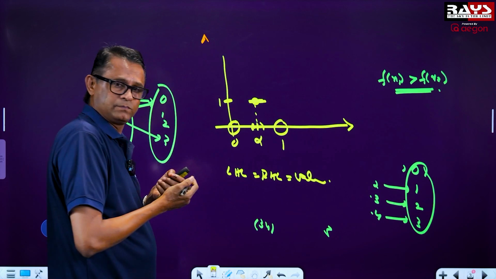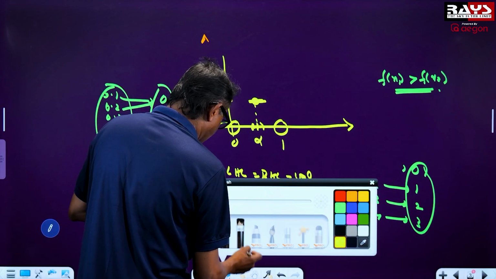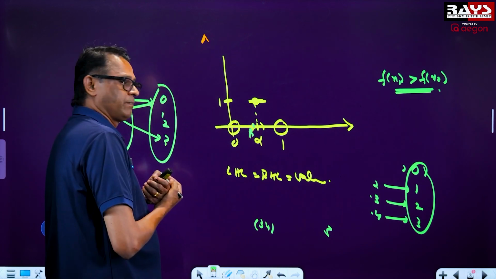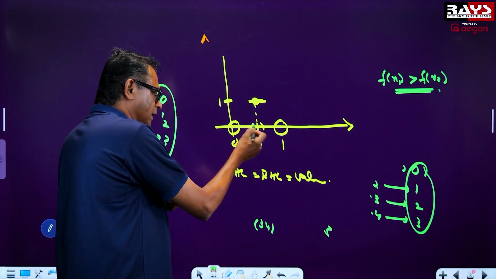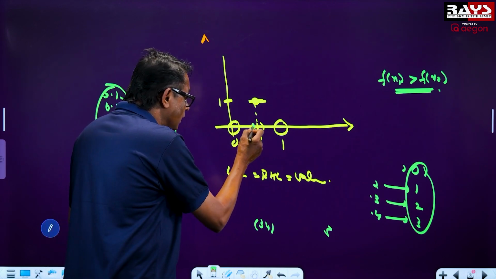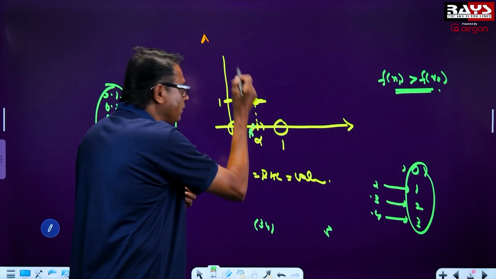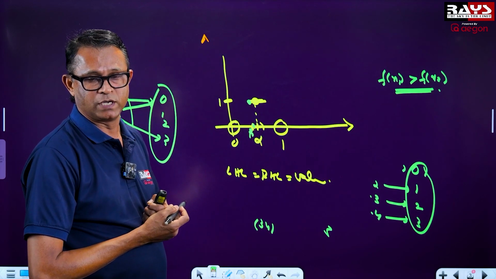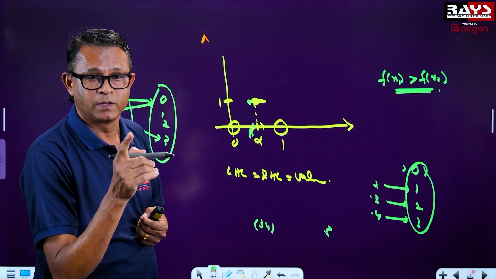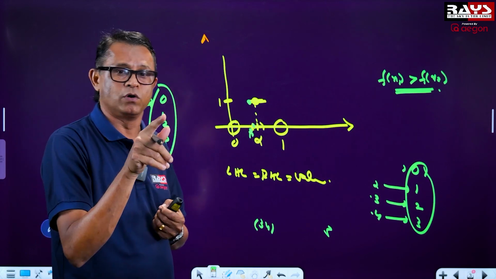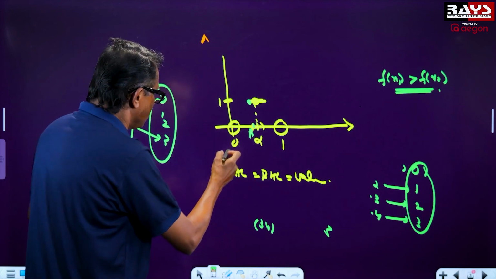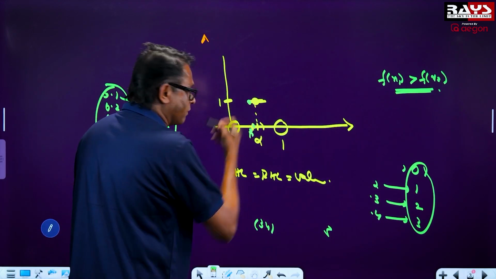Suppose I consider another point, say beta, in the neighborhood of alpha. Then the image of beta also should be 1. Why? Because the left hand limit and right hand limit should be equal, and the immediate neighborhood of alpha contains beta. Understood? Therefore, the image of beta also should be 1.